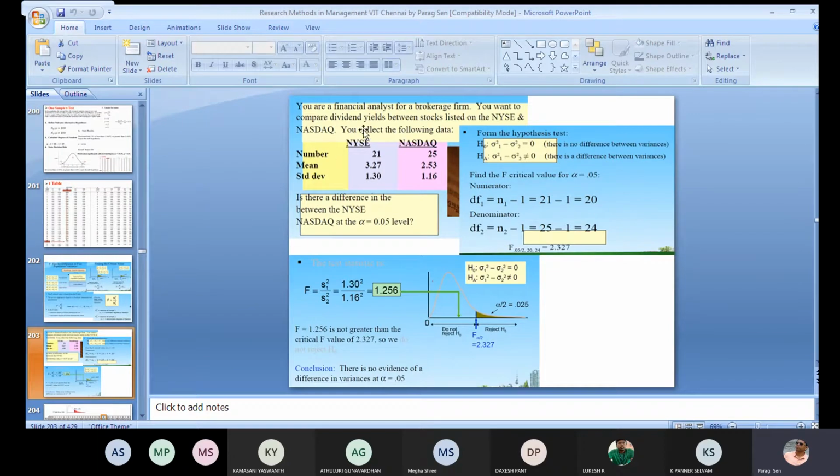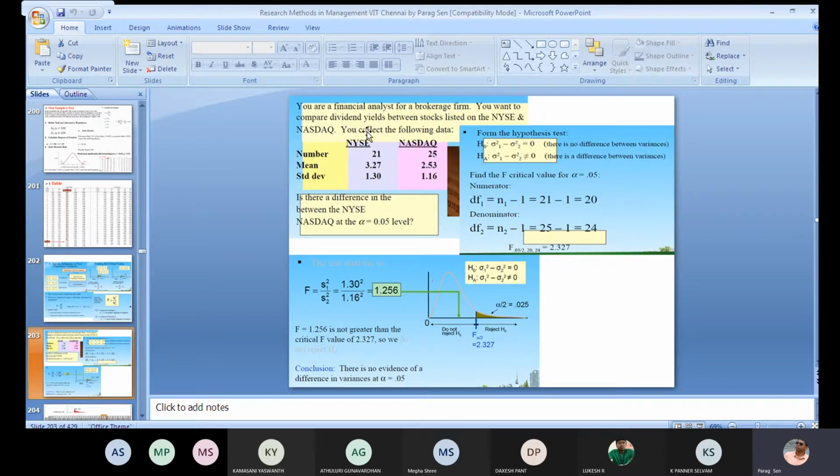In case of New York Stock Exchange, your sample size is 21, mean is 3.27, standard deviation is 1.3. In case of NASDAQ, your sample size is 25, your mean is 2.53 and standard deviation is 1.16.